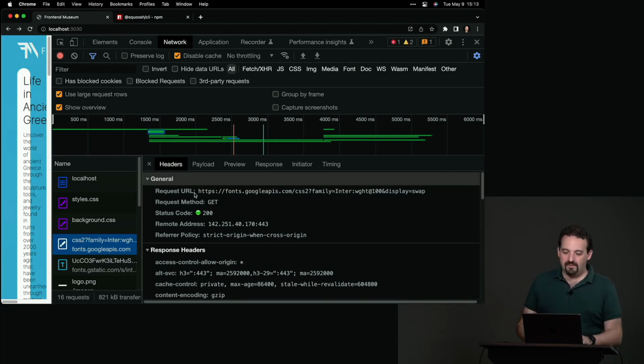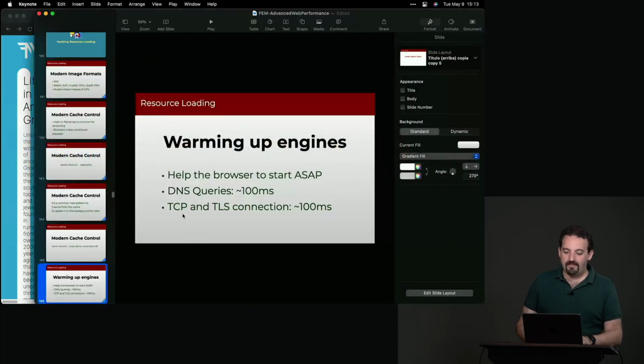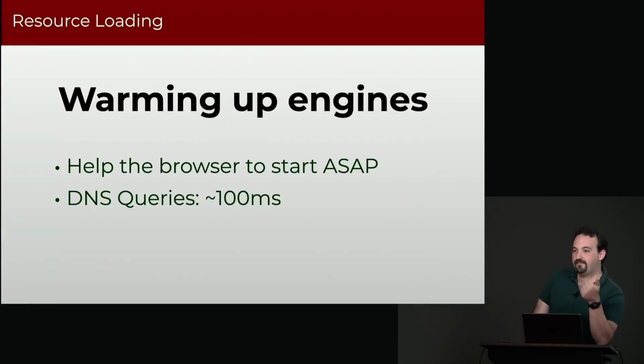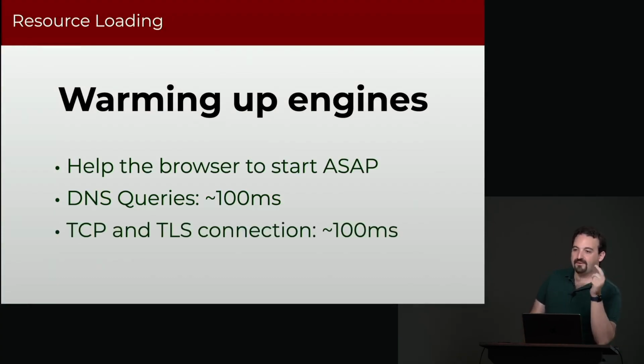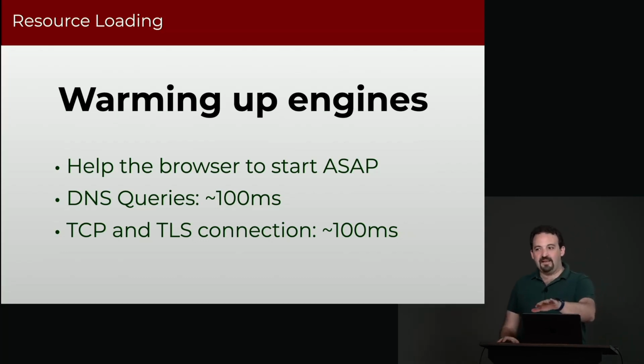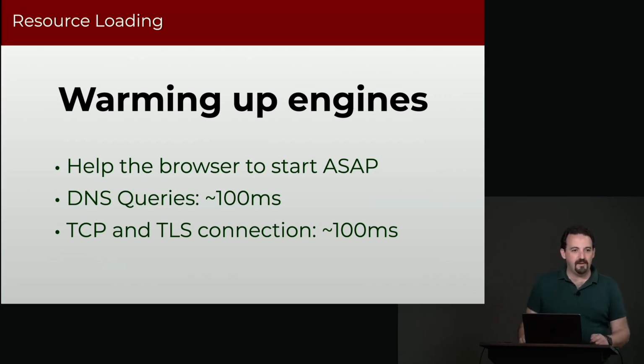But something that we can do is warm up the engine to help with the DNS query and with the TCP and TLS connection. So, okay, don't download the file, but at least go and grab the DNS query, the IP address from that other domain, before you know that you will need it. Or go and open a TCP connection and start the SSL private key, public key negotiation.